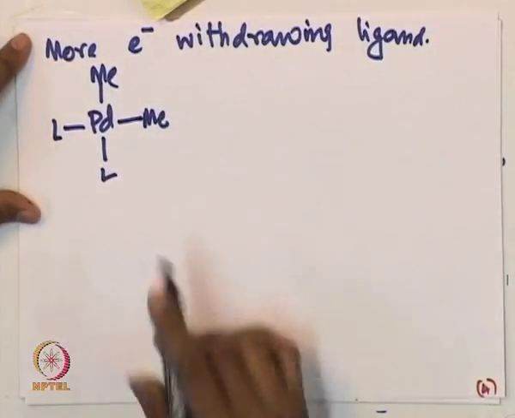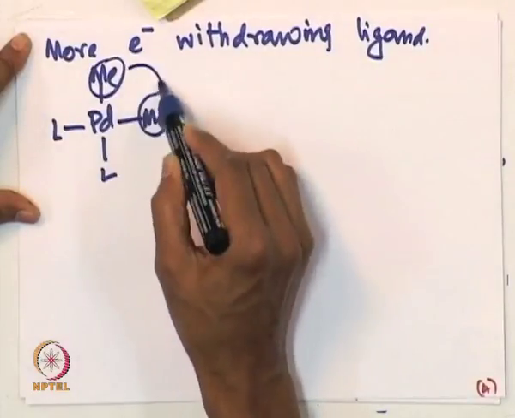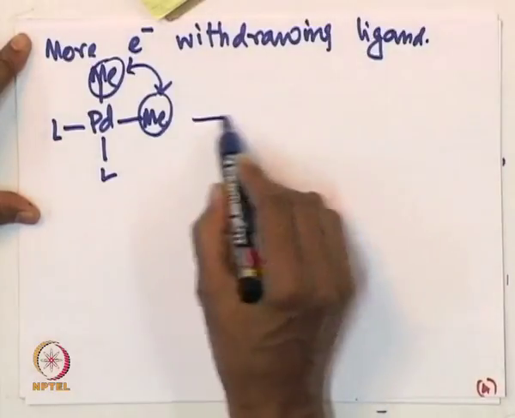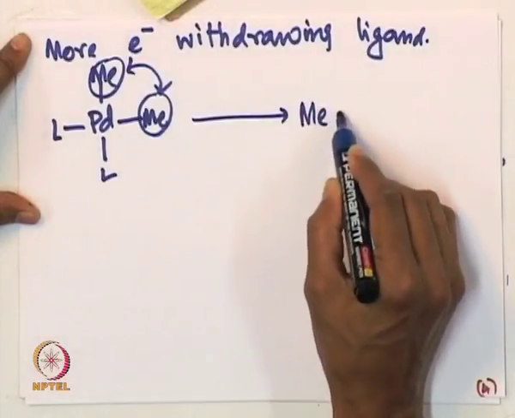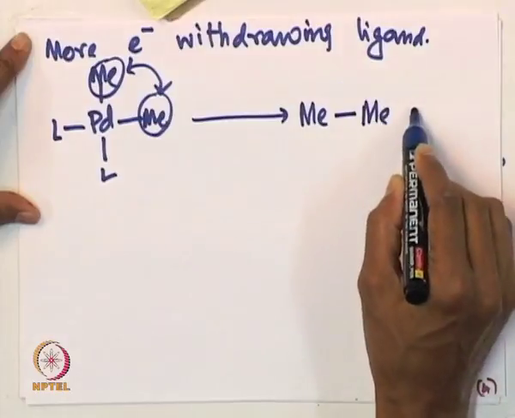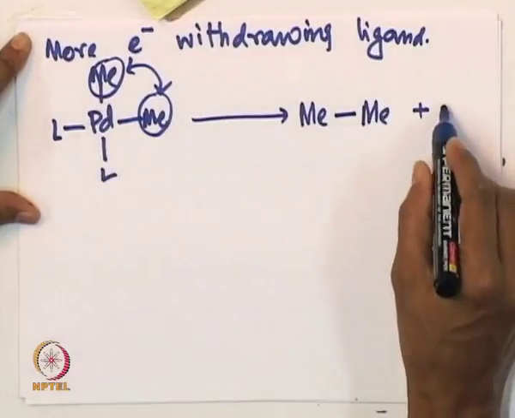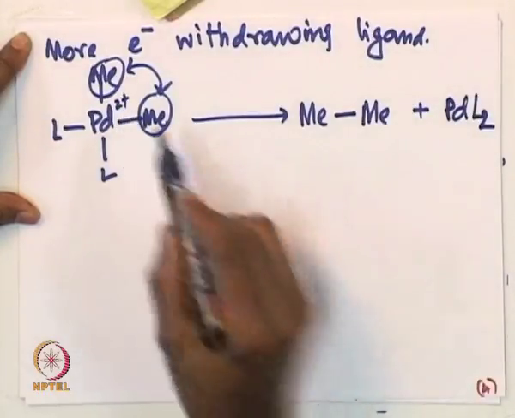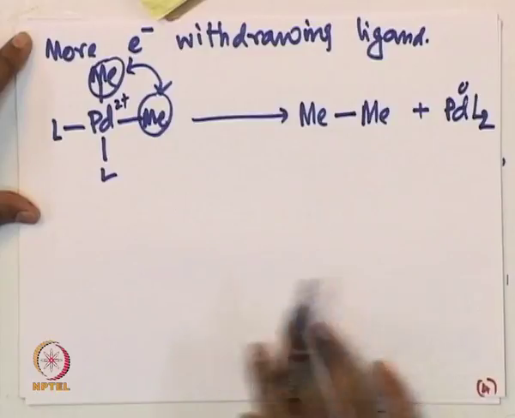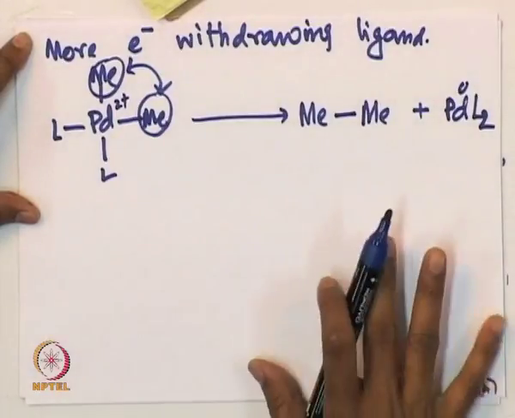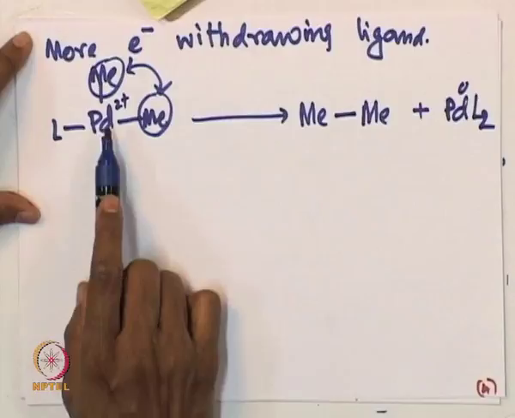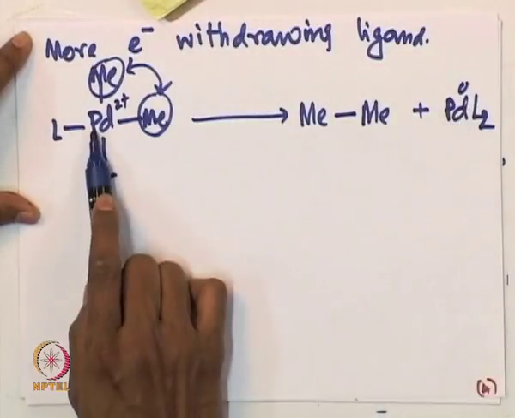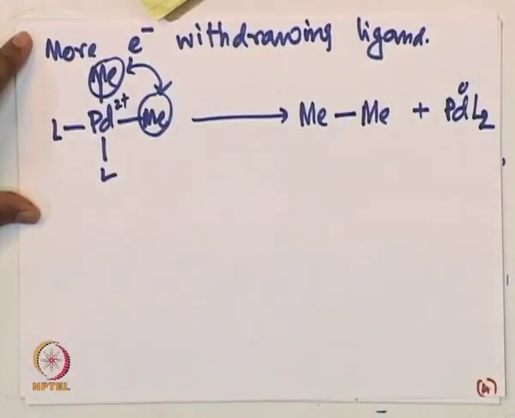What we are trying to see is the reductive elimination between A and B. What you are expecting is to get methyl plus, of course, the remaining part PdL2. If it was in +2 oxidation state, it will be 0, right? This is the thing you should be very quick in doing. So palladium 2 goes to palladium 0 for reductive elimination, palladium 0 goes to palladium 2 for oxidative addition, right?